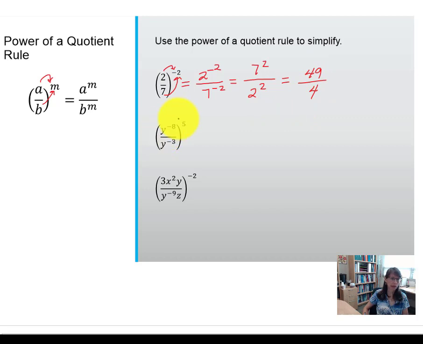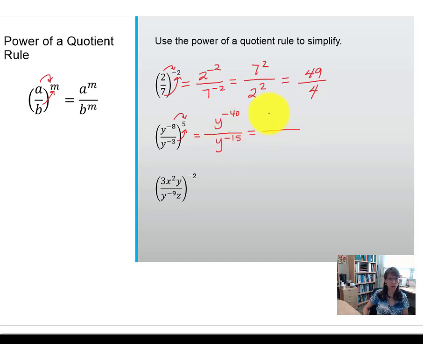Working with variable bases, we're simply applying the power rule to both the numerator and the denominator. So y to the negative 8 times 5 would be y to the negative 40. y to the negative 3 times 5 would be y to the negative 15. So each of these bases is raised to a negative power.